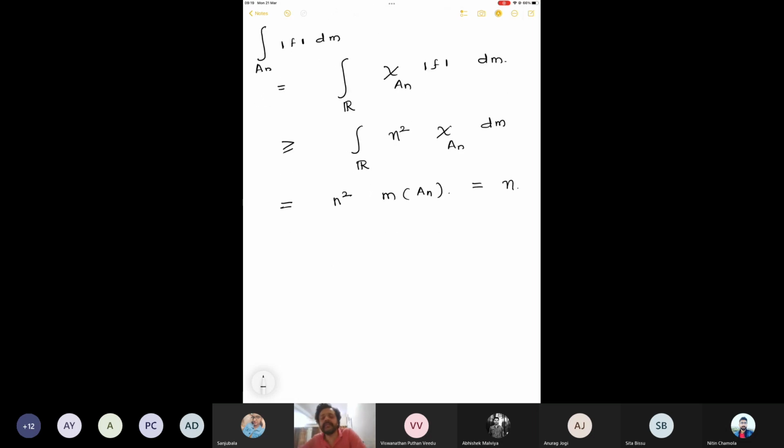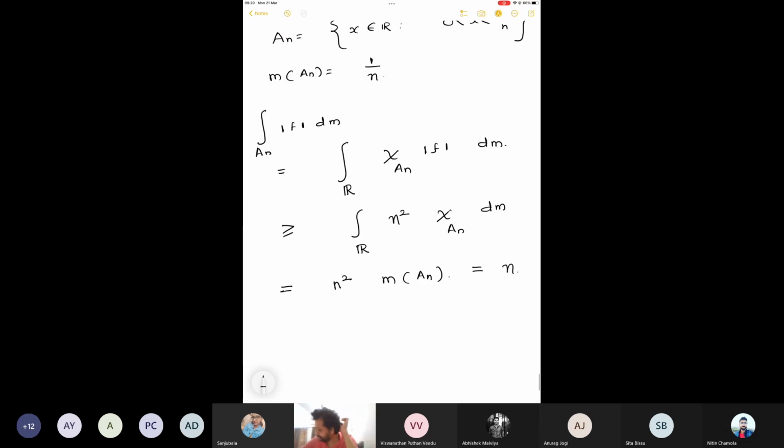Okay. So what happens to the integral when n becomes large? Is it small? When n becomes large, measure of An is small, but integral over An of mod f dm is not small. Do you agree?